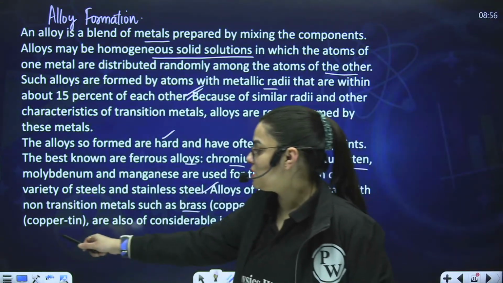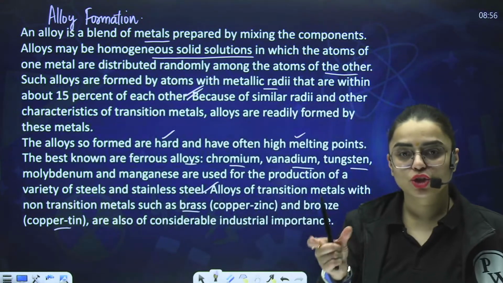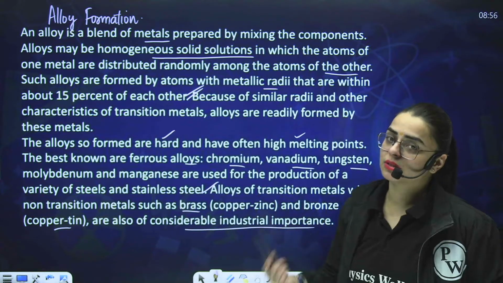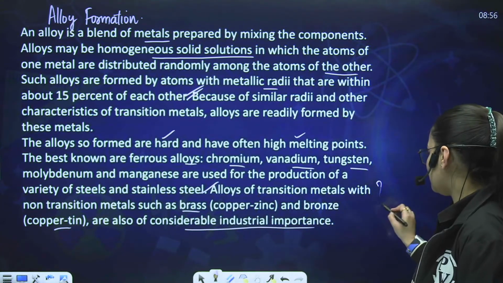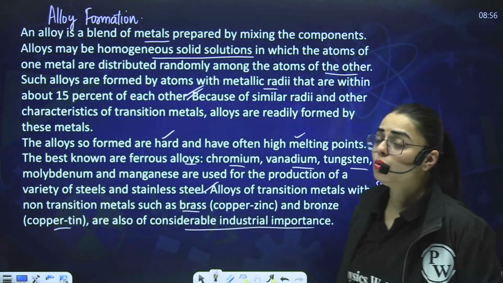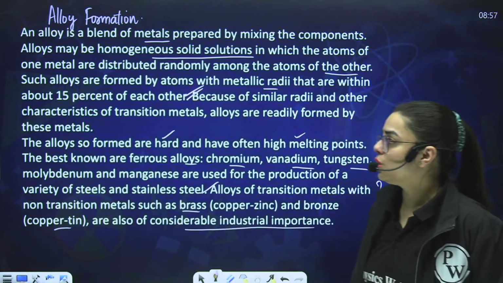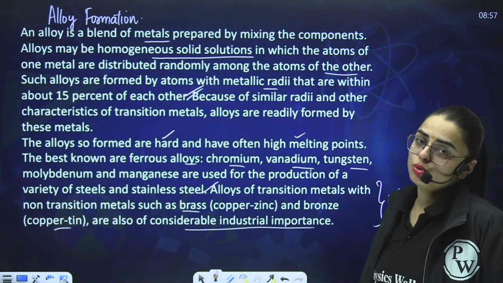And bronze is made from copper and tin, a mixture of two metals, right? They are also of considerable industrial importance. So the last lines are really important that you have to learn from the NCERT itself. Right, my dear students, I want you all to write it down so that we can move on to our next topic.